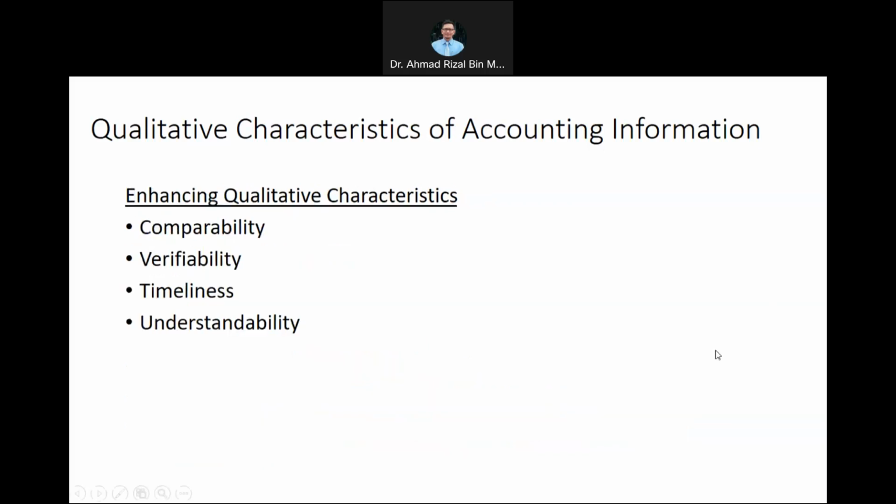Now, in order to enhance the qualitative characteristics of these statements, you need to have these four characteristics. First is comparability.